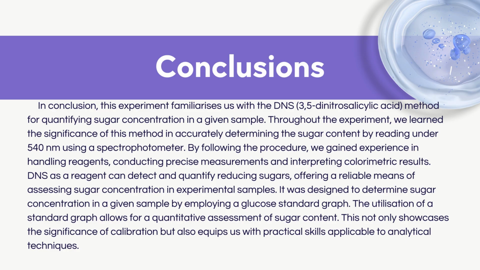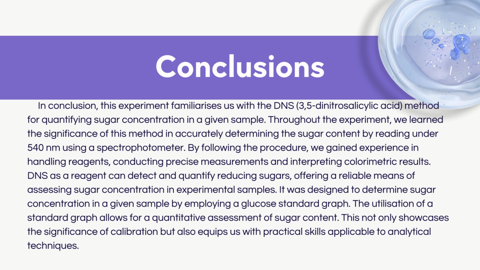In conclusion, this experiment familiarizes us with the DNS method for quantifying sugar concentration in a given sample. Throughout the experiment, we learned the significance of this method in accurately determining the sugar content by reading under 540 nanometers using a spectrophotometer.